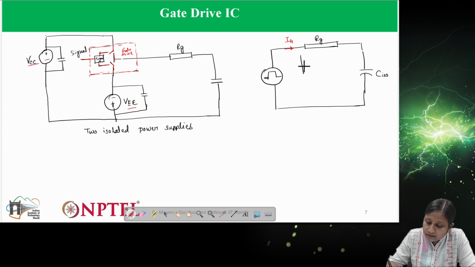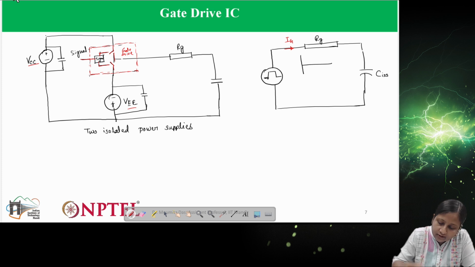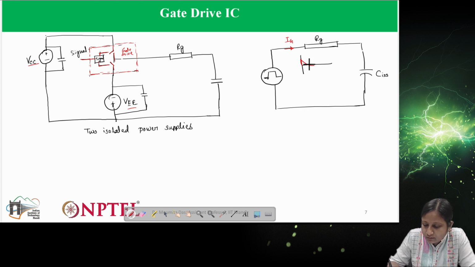Initially, assuming this capacitor is in an uncharged condition, a high gate current will be there, so it will be peaky in nature. Initially there will be a high gate current and then eventually it will go to 0, and then when the capacitor turns off, the current will again be high in the opposite direction.